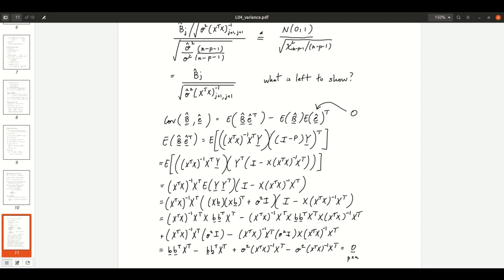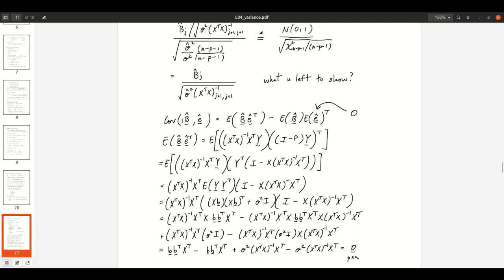And if you have two multivariate normals, and those two multivariate normals are uncorrelated with each other, what we mean by that is that every element of b hat is uncorrelated with every element of e hat, then these two things are independent. And additionally, what independence means is that any function of these two things are independent of one another.